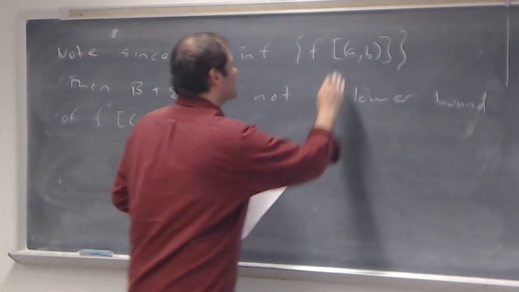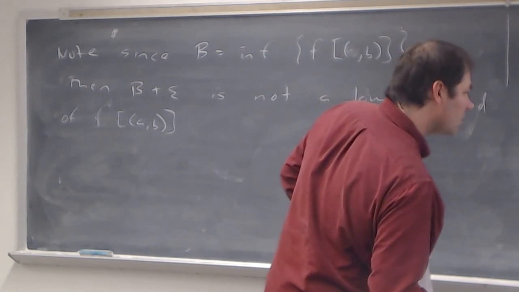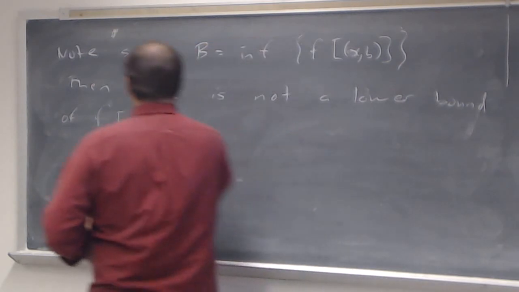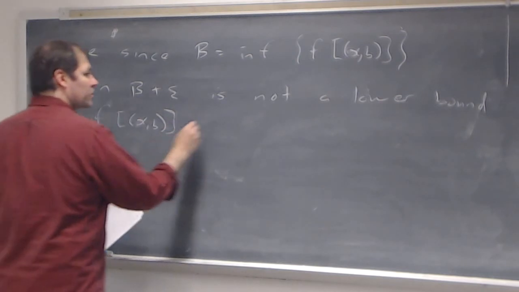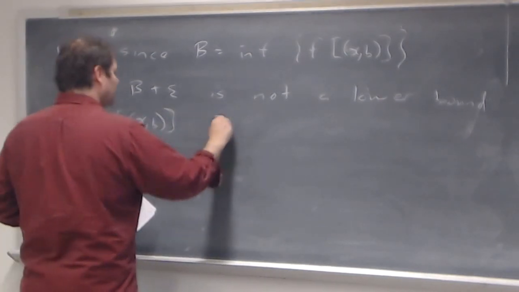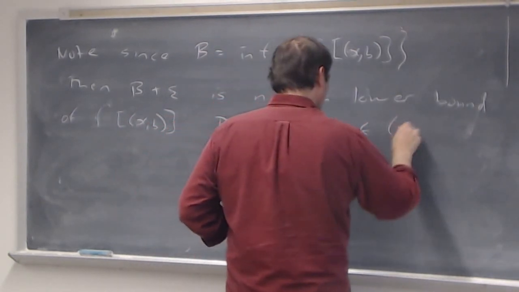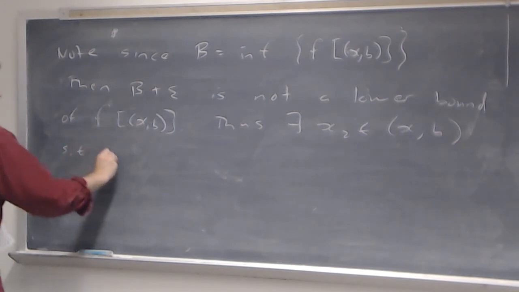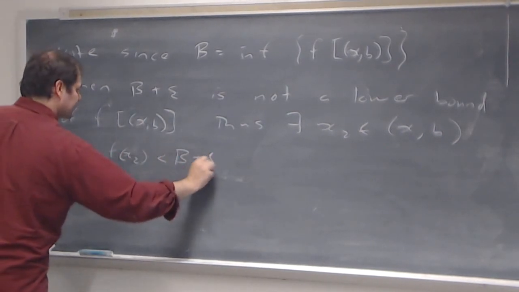It's not a to b, it's x to b. Gosh, have I been writing a to b? I've been saying x to b. That's what it should be. Sorry. So that's not a lower bound. Thus, there exists an x sub 2 element of x to b such that f of x sub 2 is less than b plus epsilon.